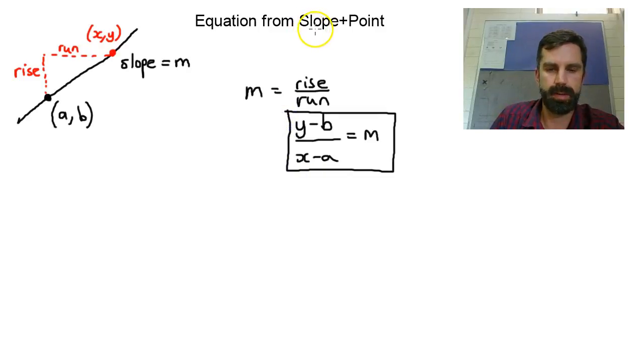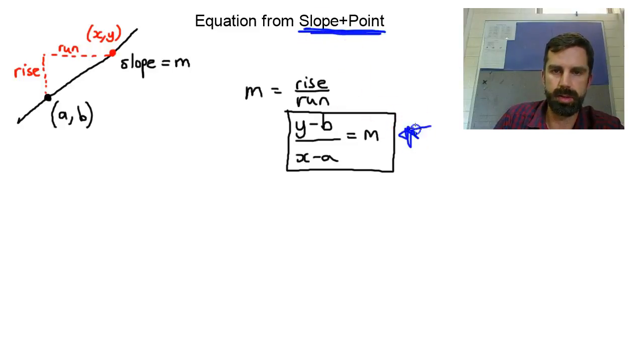Anytime you have the slope and a point, you can use this equation here to get to the equation of the line. I'm going to show you how to do it to get into general form, but it does work if you want to get it into slope-intercept form as well. So I'll do an example because that probably shows you best what to do.